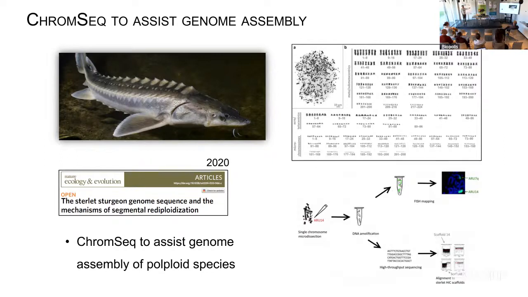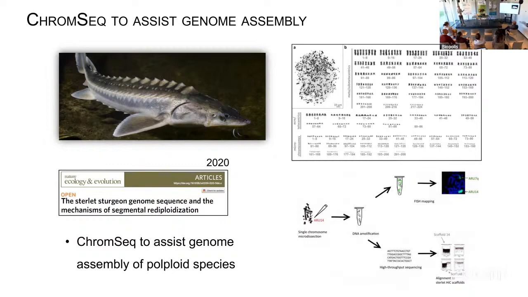And I show you this example of the sterlet sturgeon genome, which was published in 2020 in Nature Ecology and Evolution. Here a microdissection approach was used to identify homology within the polyploid genome of this species. Somebody with a lot of patience microdissected all the chromosomes of the metaphase.